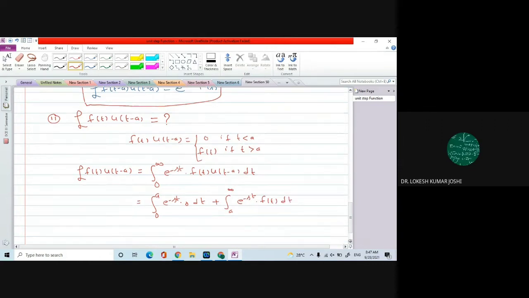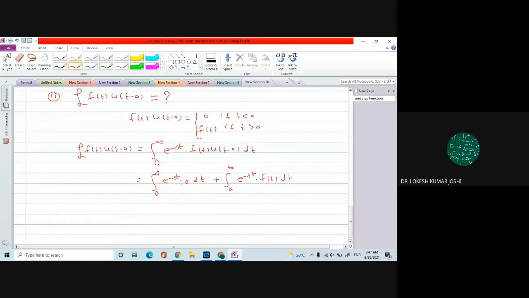If we see this limit, the first term will equal 0. The remaining limit is from a to infinity. Now, we convert this limit to 0 to infinity to make this term the Laplace transform of some function. Once again, we use substitution. Therefore, put t minus a equals x.